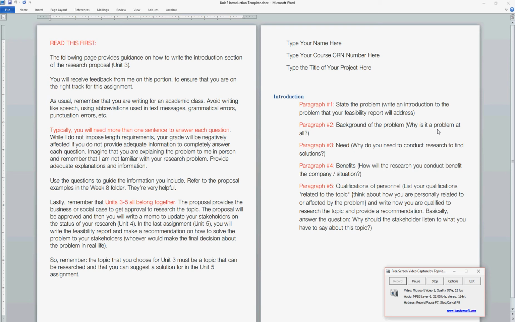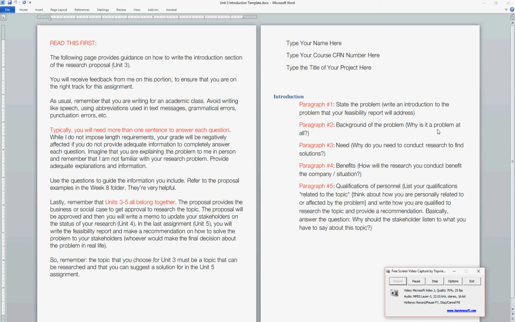Make sure that you watch the videos about primary and secondary sources, if you don't know what I'm talking about there. So basically, I'm just looking for the background of the problem. Why is it a problem? Why do we care about this? Why do you want to spend time and money to research a different solution? Just basically why.